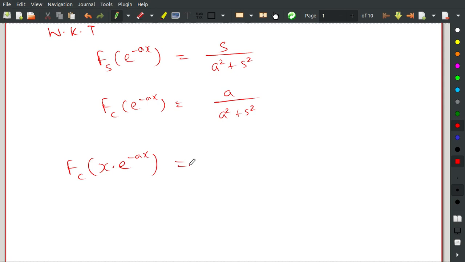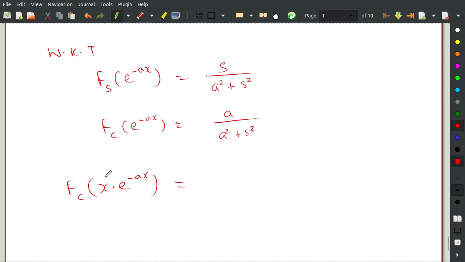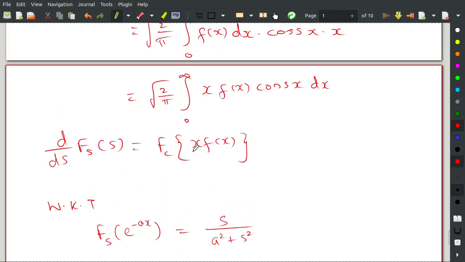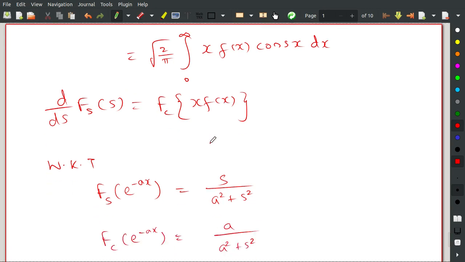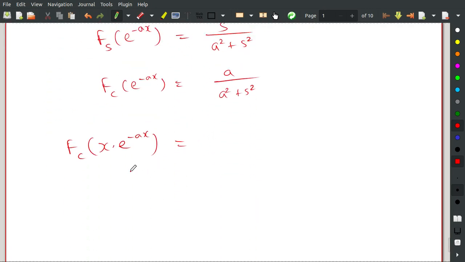Okay, so this is nothing but of this form, x into f of x. Here e power minus ax is our f of x in this case.